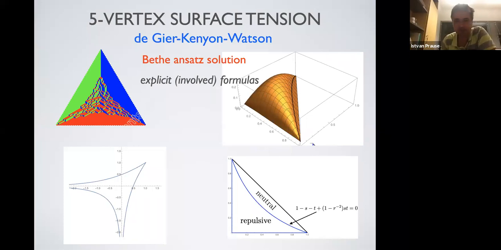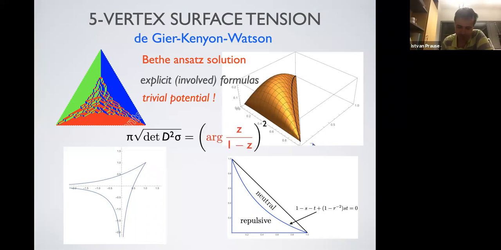The formulas are kind of involved, but the nice thing about it is that it does have a trivial potential. Namely, in terms of this intrinsic complex variable, the square root of the Hessian determinant, this kappa is a square of a harmonic function.